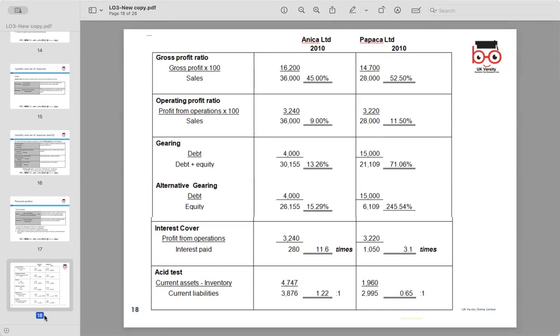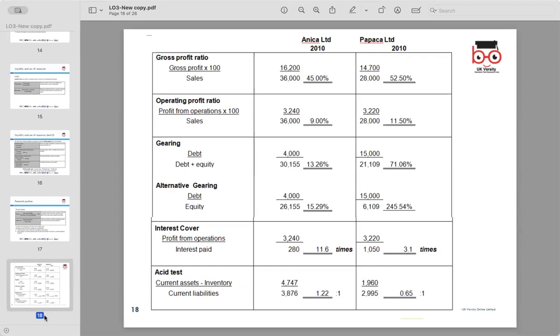Anisha Limited achieved a gross profit ratio of 45%, indicating that for every pound of sales, 45 pence remains after deducting the cost of goods sold. In comparison, Paprika Limited had a higher gross profit ratio of 52.50%, suggesting it retains more from sales to cover operating expenses and other costs.